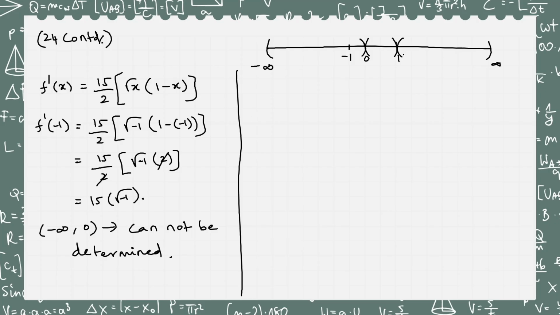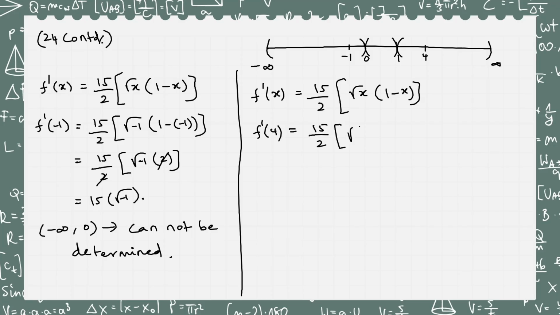Now let us consider the interval 1, infinity. We can pick one point from there. So suppose if we take 4, which is lying in between 1 and infinity, let us see f dash of x equal to again 15 by 2 into root x into 1 minus x. So f dash of 4 will be 15 by 2 into root over 4 into 1 minus 4.